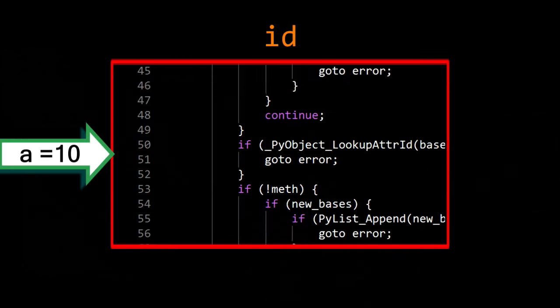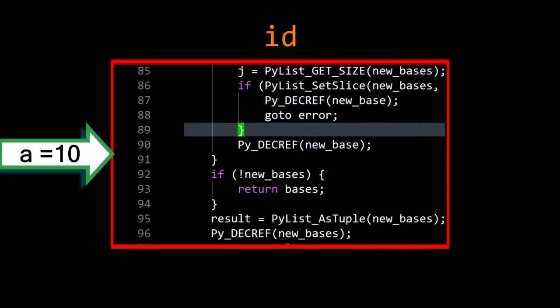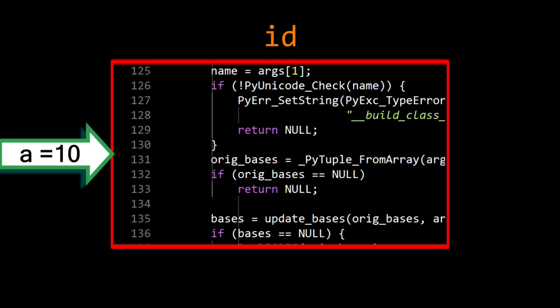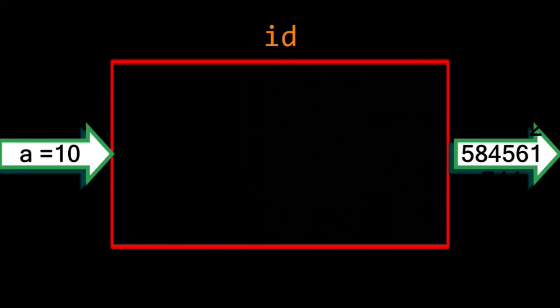Let us go deep into the function id. On the screen, you can see in the red rectangle a big line of code, and from the left hand arrow, it gives the input a is equal to 10 to the function. Then the program goes along with the value 10 to the built-in function.